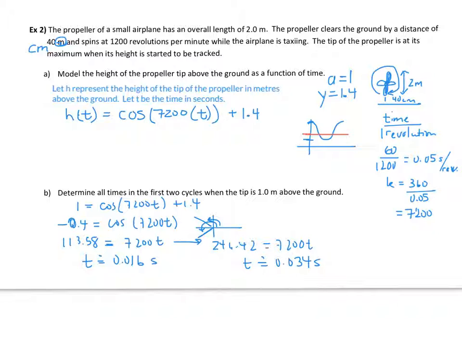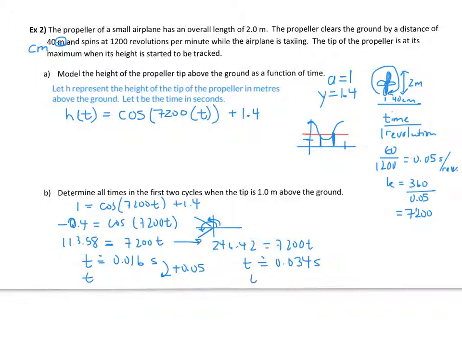So that is during the first cycle. So that gives you your 0.016 and 0.034. This is 0.05. To get my next 2 answers, I'm just adding the period to it, and the period we know is 0.05 because we calculated that earlier.